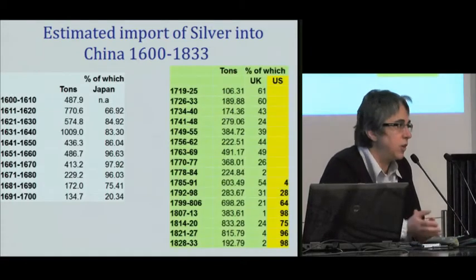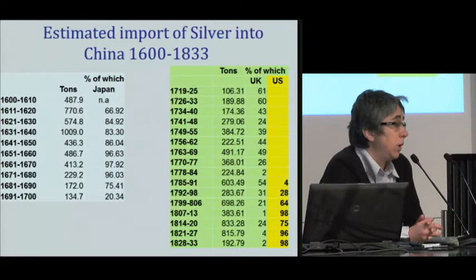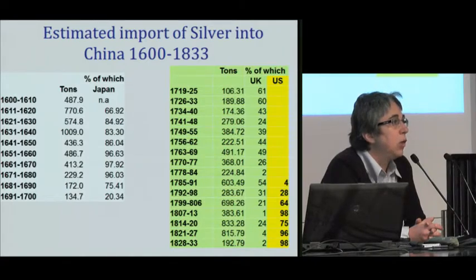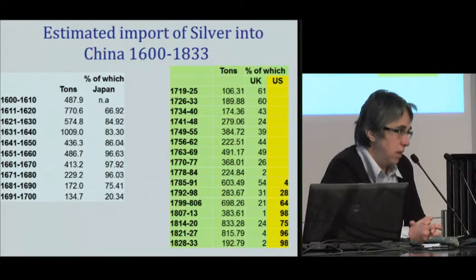In the 18th century, this is data that comes from the East India Company records and some French sources, the time span in which the English East India Company nearly intermediated the Western trade with China.